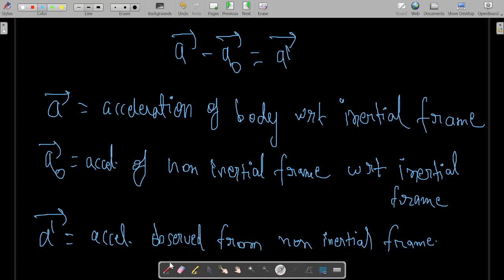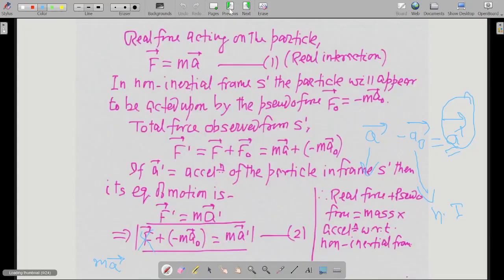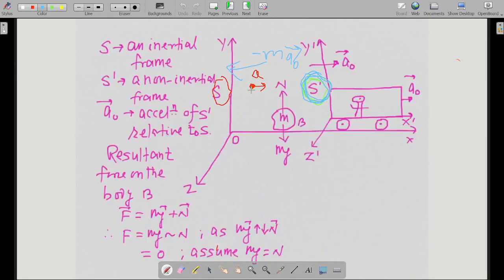Now you know this very well that we had the diagram as shown in the previous slides. In this particular diagram, suppose this object itself is moving with acceleration A to the right hand side.